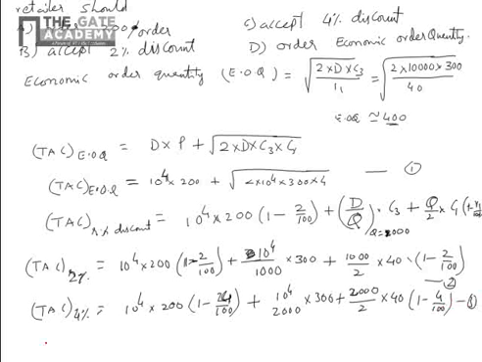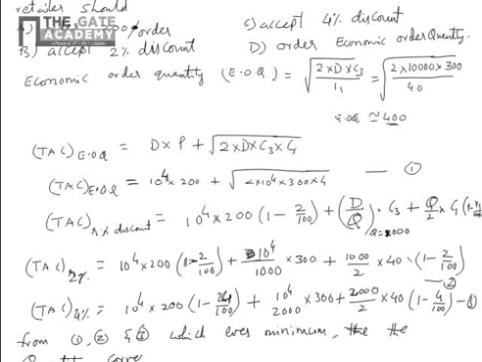So out of these three, 1, 2 and 3, whichever is minimum, the Q quantity corresponding to that value is the ordering quantity.